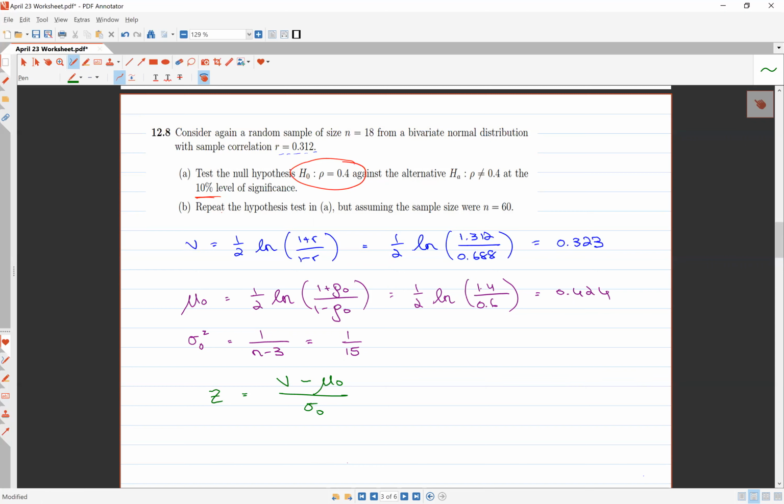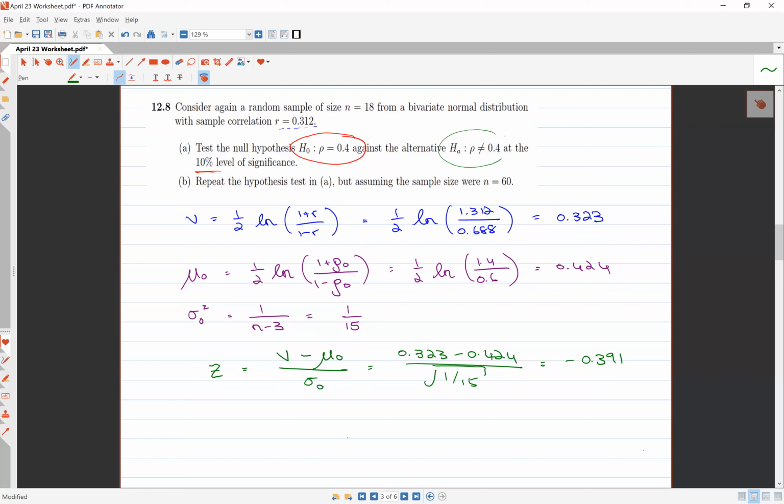You just take that observed V, subtract mu naught, divide by sigma naught. So in this case, 0.323 minus 0.424 over square root of 1 over 15, and this is negative 0.391. Okay, so we're doing this against a two-sided alternative, which means if we're looking at our bell curve, we have negative 0.391.